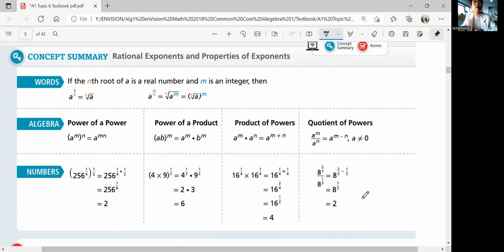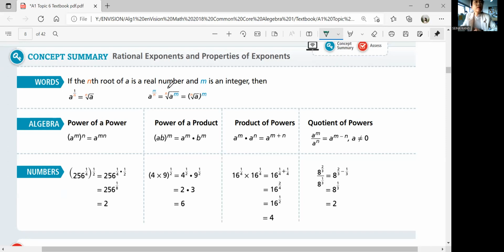And just remember, if the nth root of your base a is a real number and m is an integer, then you can say the rational power could be the root with the same denominator as an index. And if you have a rational number m over n, your m, the numerator in the power, would be the exponent of your base, and then your denominator is the index of your root. Okay.